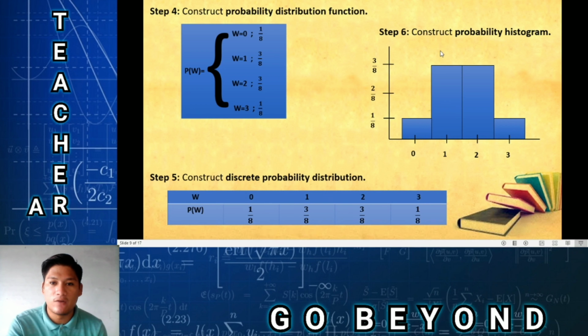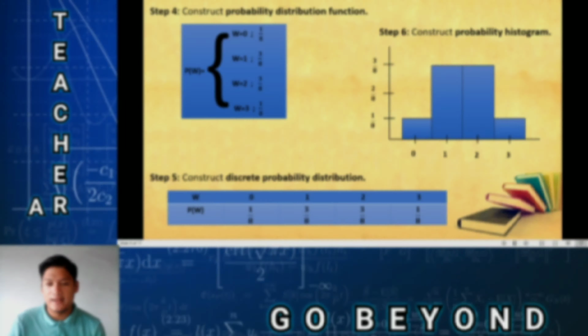So the probability is 3 over 8. And you need to level it to the 3 over 8. And what is the probability of getting 2 wins after playing the 3 consecutive games? We have 3 over 8. And what is the probability of getting 3 wins after playing the 3 consecutive games? We have 1 over 8.